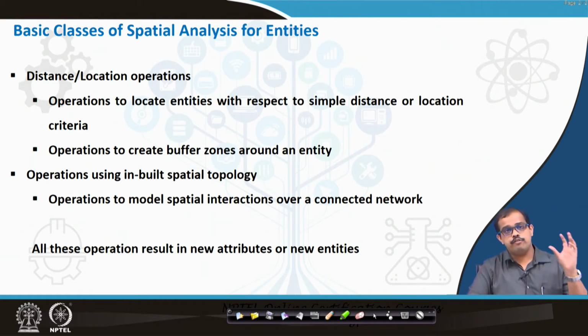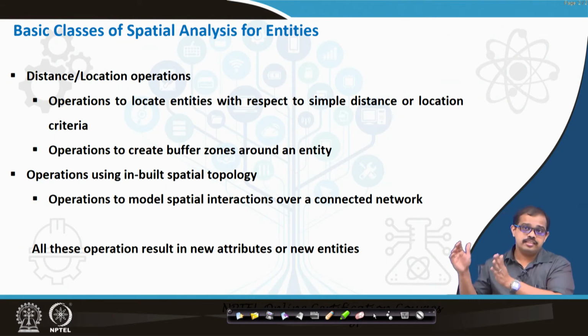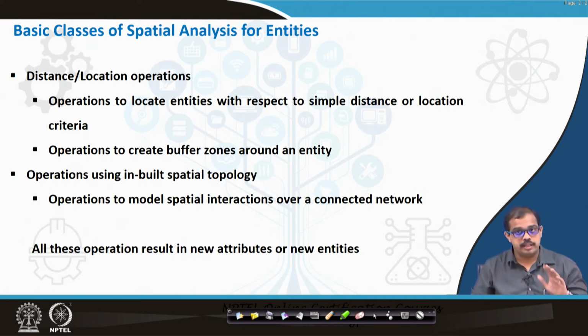If you have to build a spatial topology into a connected network, that is also a basic class of analysis. Whatever analysis you do on the acquired data creates new attributes. If you add a buffer, it creates another attribute of a buffer, or new entities. This new entity can be information, and it can be another attribute also. So keep this in mind: it can be both information and an attribute.